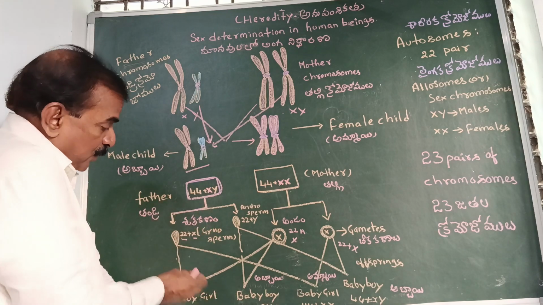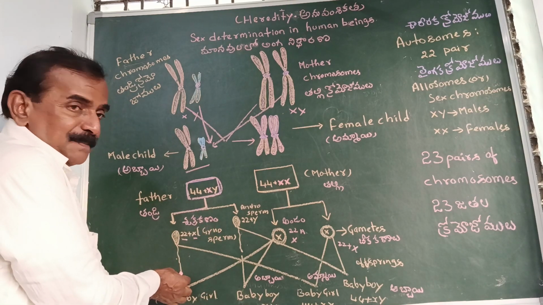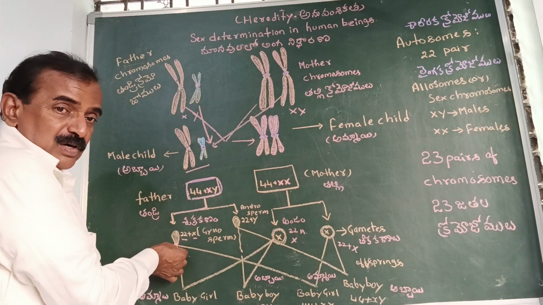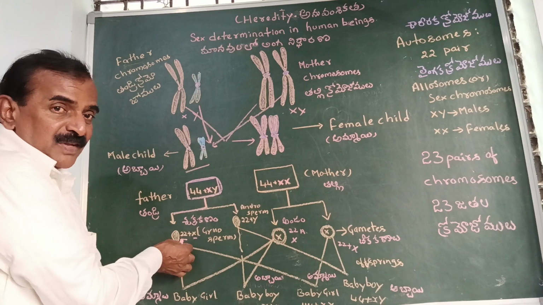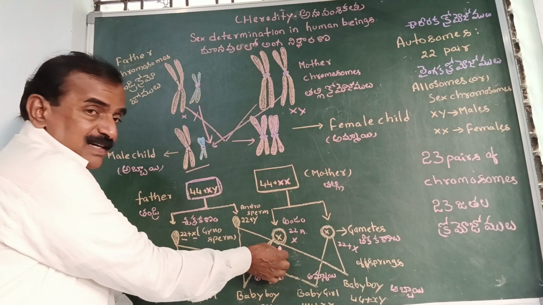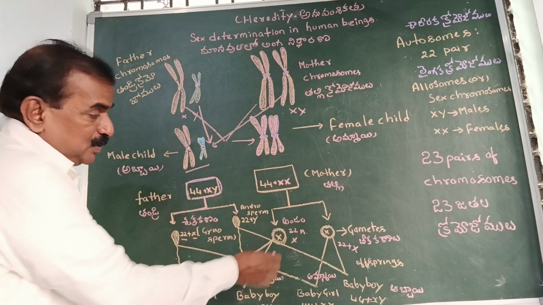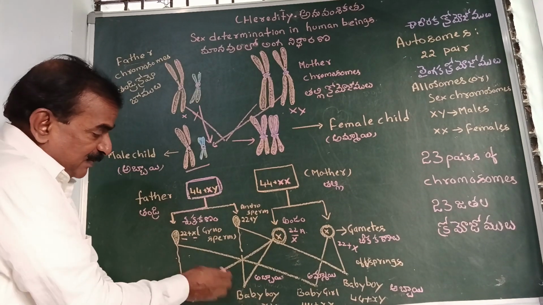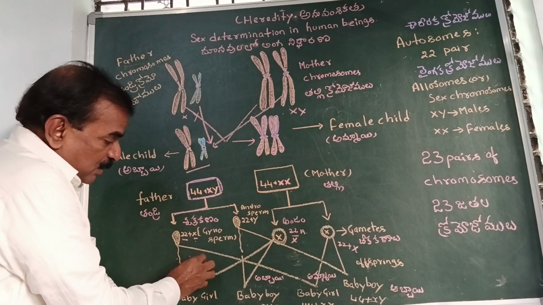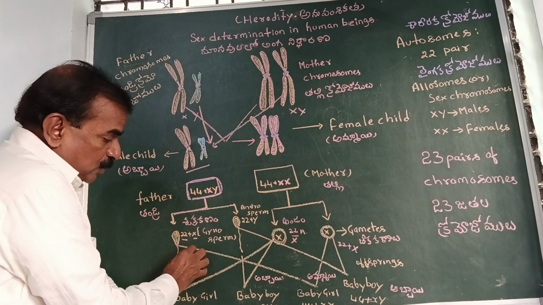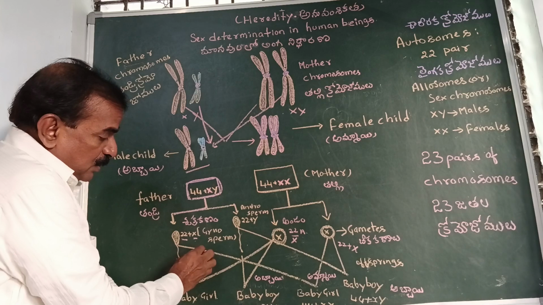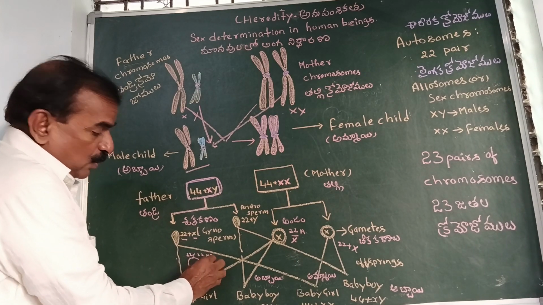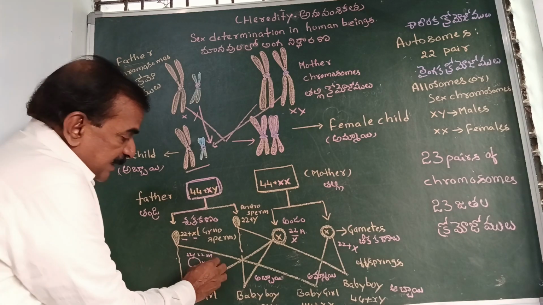Here you see when a sperm of a male fertilizes the ovum of a female. This is gynosperm, having 22 autosomes and an X chromosome, and the ovum also consists of 22 autosomes and an X chromosome. When these two are fertilized, a zygote is formed. The zygote receives 22 autosomes from father and 22 from mother, and an X chromosome from father and an X chromosome from mother.